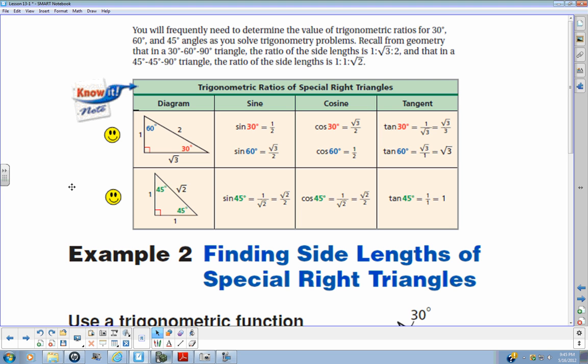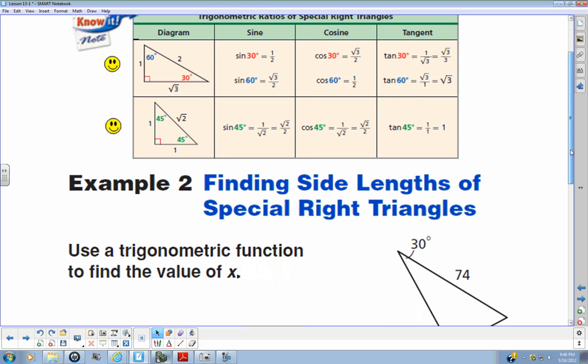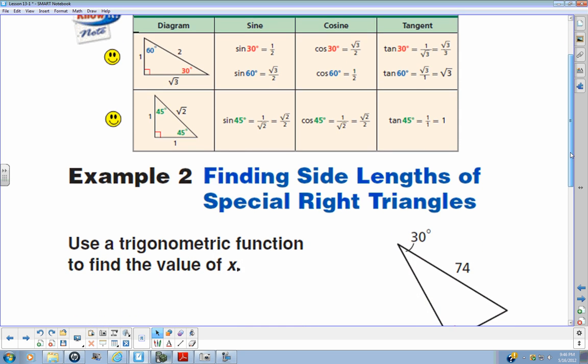So when we have a triangle with 30-60-90 angles, or 45-45 degree angles, we can always use these exact values for sine, cosine, and tangent. When the angles are not 30, 45, or 60, then we have to use approximate values, and we'll round those to 2 decimal places, where these we're going to use the exact values when we can.